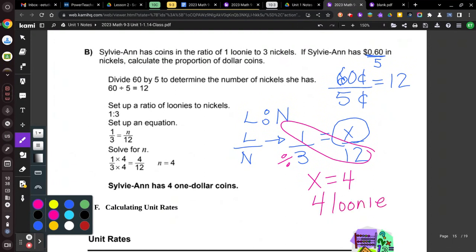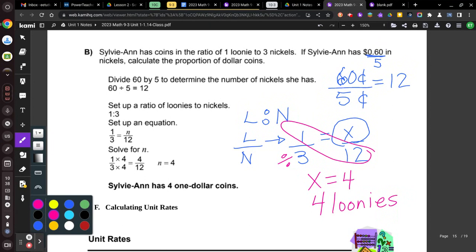So how much money does she actually have in her pocket? If she's got 4 loonies and 60 cents, how much does that make altogether? How much is 4 loonies? $4. I want to add 60 cents.